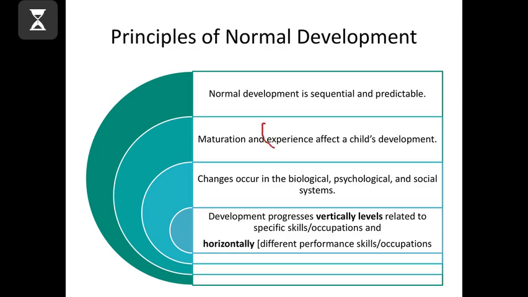So, experience can be related to the context. Maturation and experience influence the rate and the direction of normal development. And the text gives the example, children develop improved hand skills over time as they gain better postural control and practice movement. Makes sense, right? They're building.